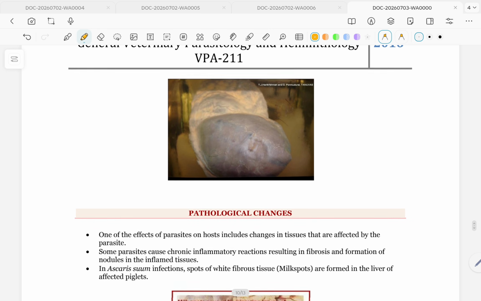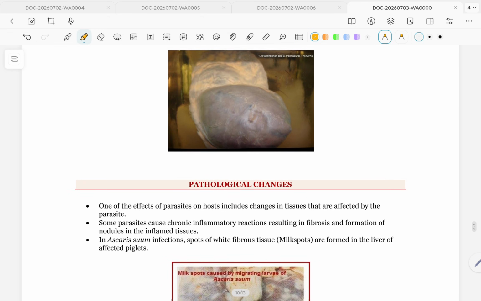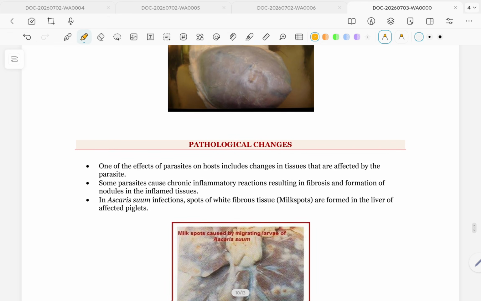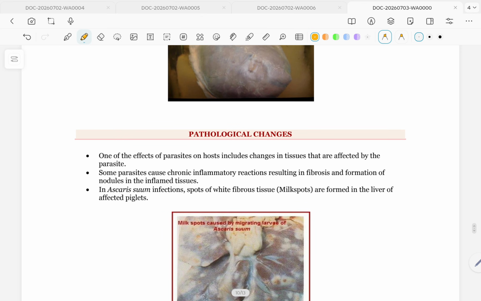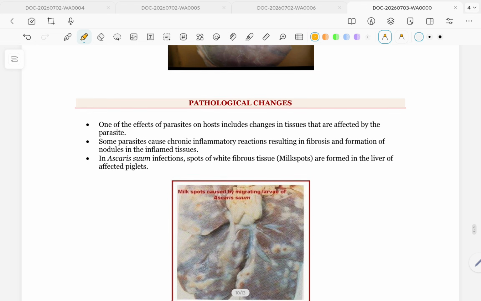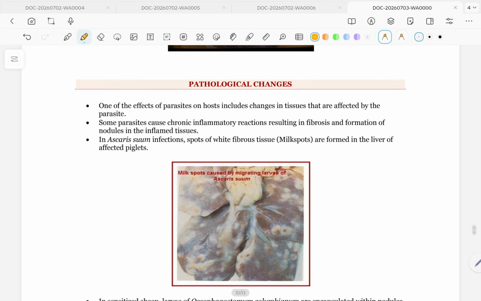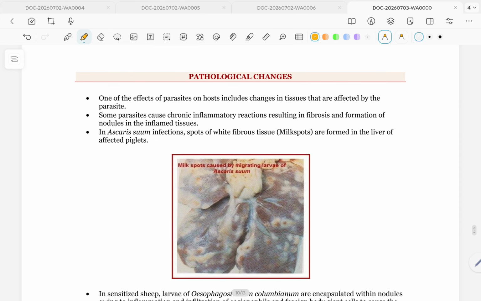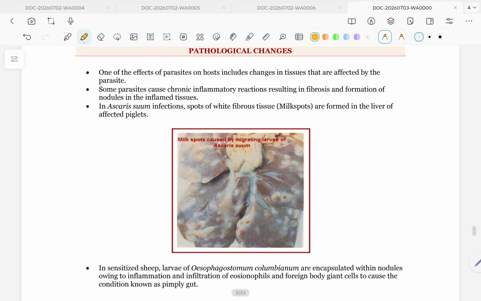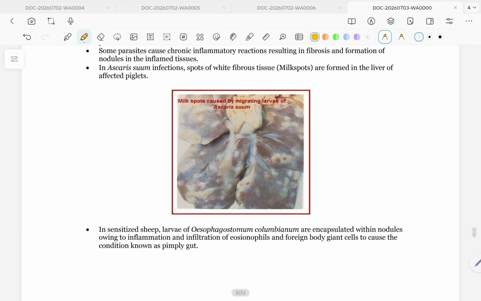Pathological changes. One of the effects of parasites on the host includes changes in the tissues affected by the parasite. Some parasites cause a chronic inflammatory reaction, resulting in fibrosis and formation of nodules in the inflamed tissue. In Ascaris suum infection, spots of white fibrous tissue, milk spots, are formed in the liver of affected piglets.